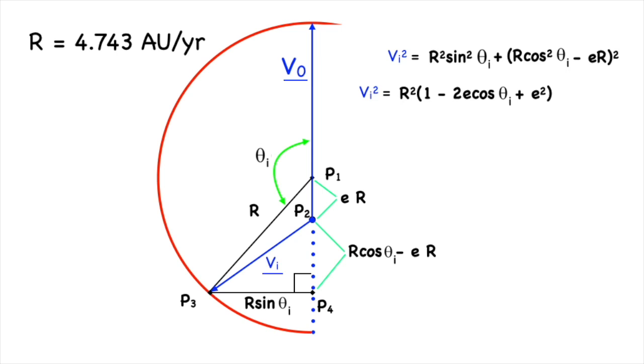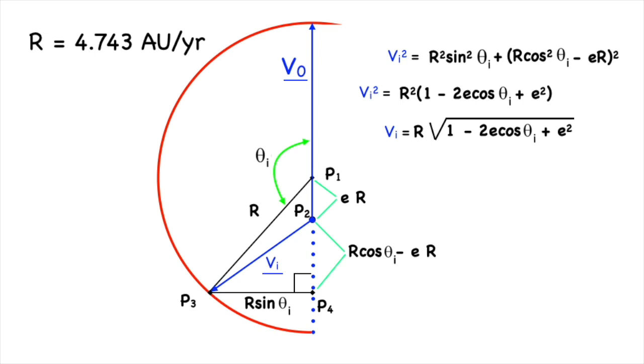V sub I squared equals capital R squared times the quantity 1 minus 2e cosine theta sub I plus e squared. We can take the square root of both sides to get this formula for V sub I.